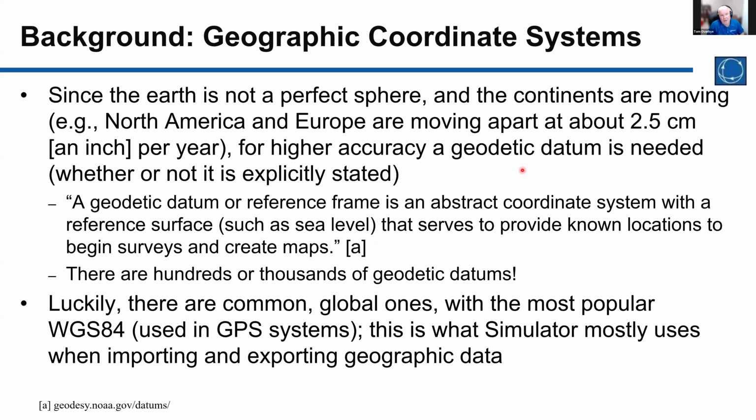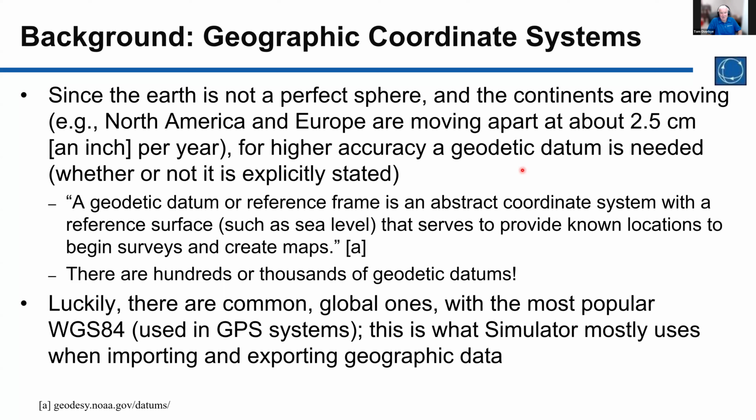The reason for this is the Earth is not a perfect sphere. It's flattened a little bit. And the continents themselves are not fixed, but rather they're moving. For example, North America and Europe are diverging at about an inch per year.